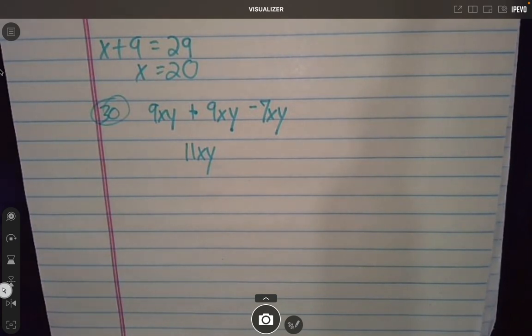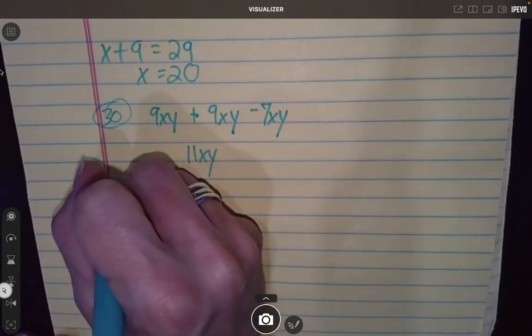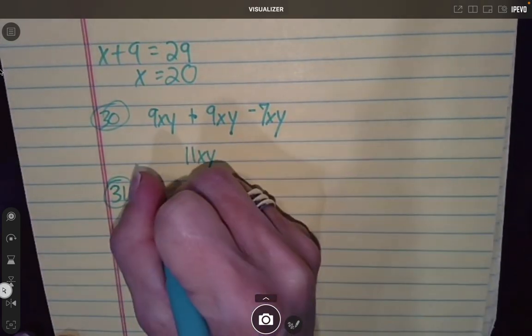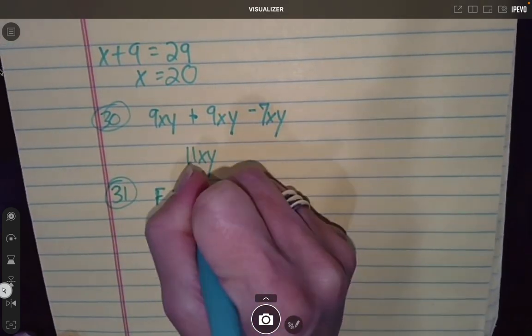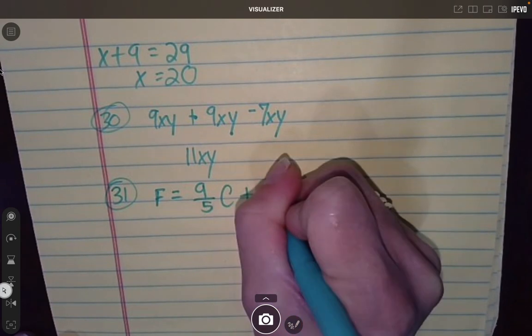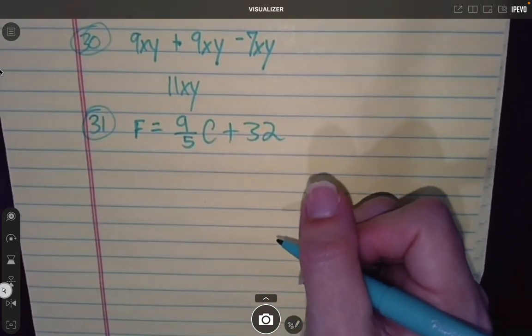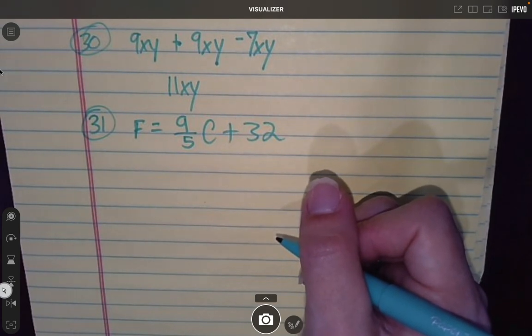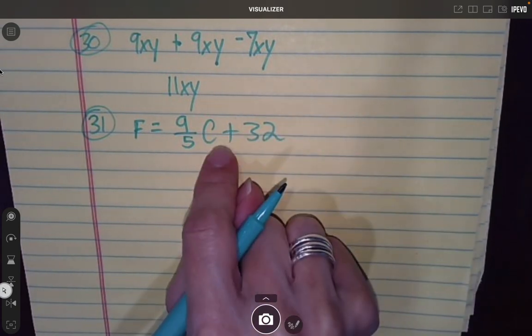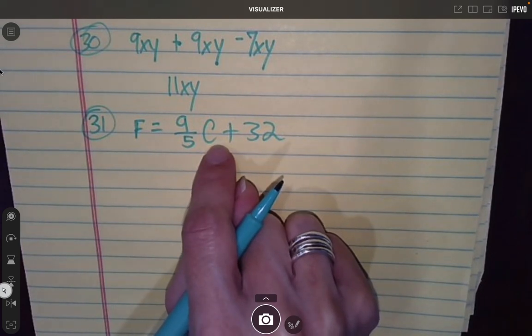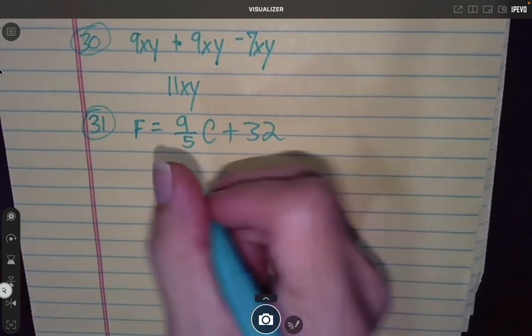Is there one like this? I don't think there's one like 31, but we're going to go through it because we'll see this again next chapter or two. All right, on this one though, they tell you that the degrees Celsius is 50 degrees. So instead of writing C, what can I write? 50. Okay, I'm going to plug it in.